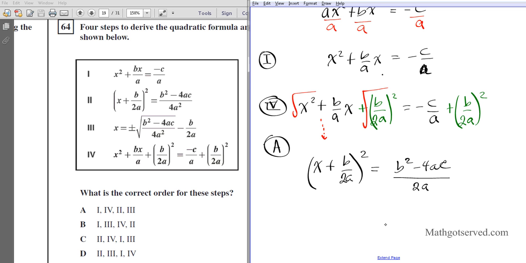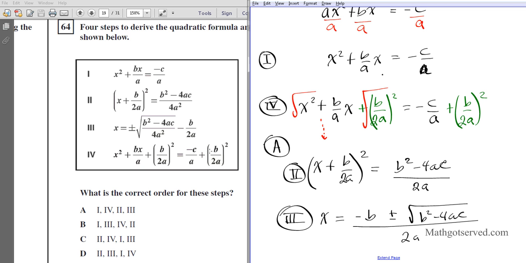Then when you take the square root of both sides and subtract b over 2a, you're going to have x equals negative b plus or minus the square root of b squared minus 4ac, all over 2a. So the sequence of steps are I, IV, I, and the last step is going to be I. They kind of didn't combine it, but you see the drill here.